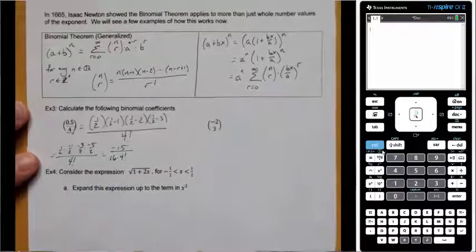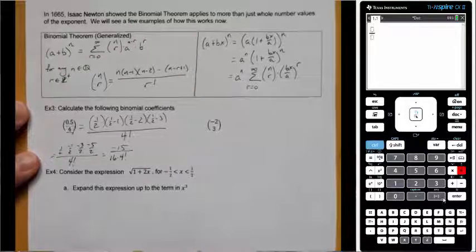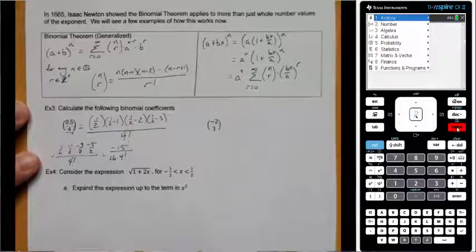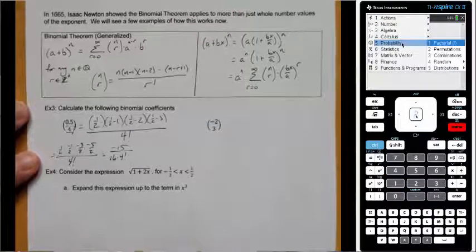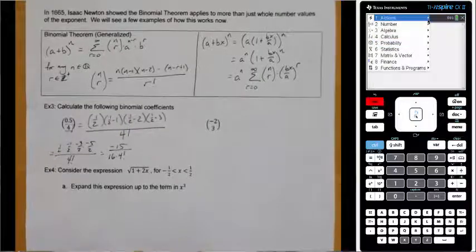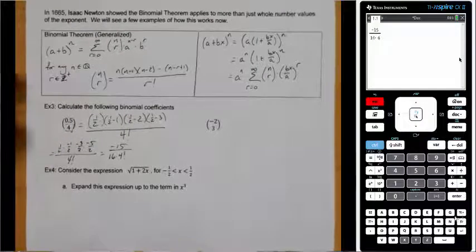Or on my calculator, I can work that out real quick. I'll do a fraction, minus 15 on top, and then 16 times 4 factorial. If you didn't know, on the Inspire at least, you can either go by menu, probability, factorial, or there's an exclamation point next to the G here.